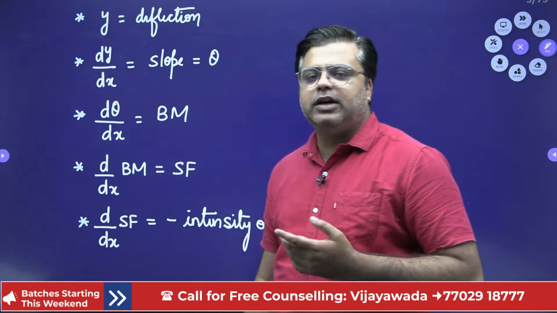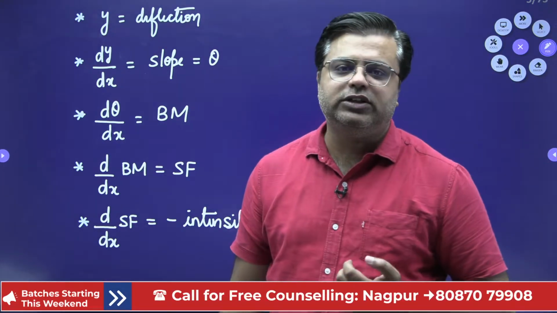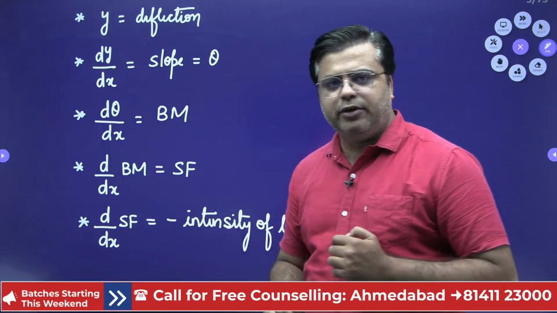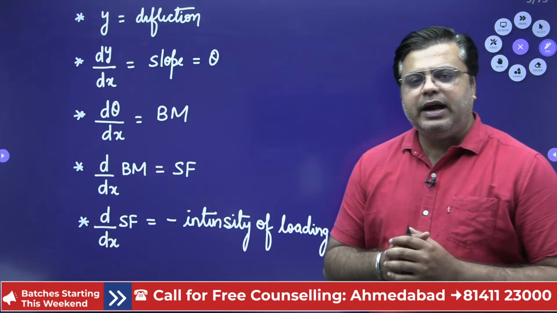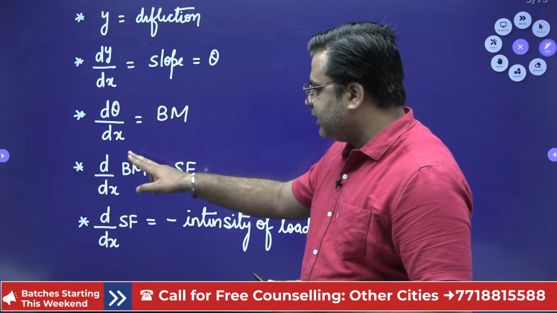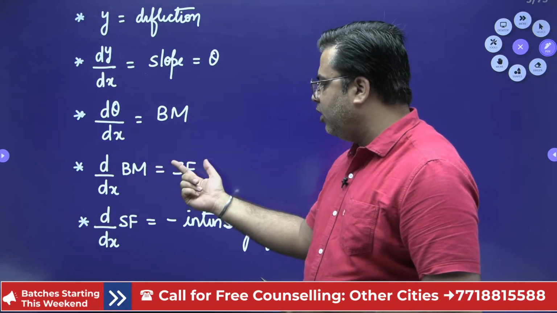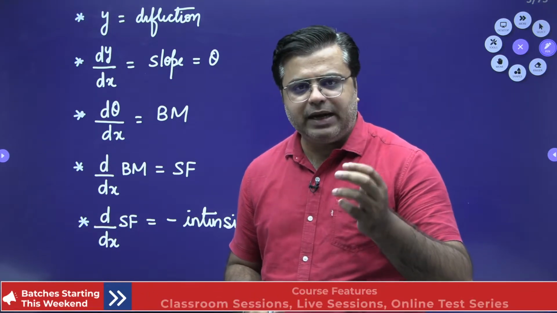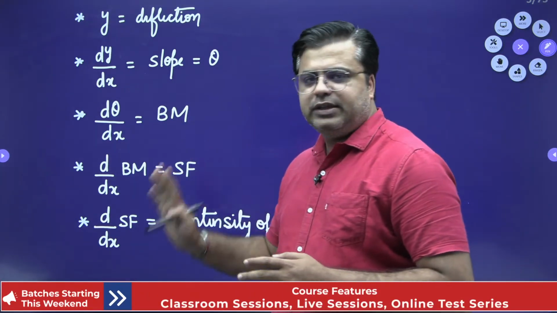All these things come in the detailed analysis of the shear force and bending moment diagram. If you just keep these relations in your mind, the slope of bending moment will always equal the shear force. So wherever bending moment will be maximum, your shear force will be 0, right?